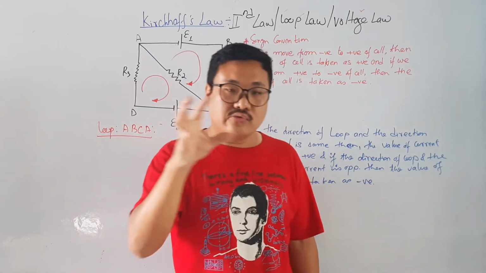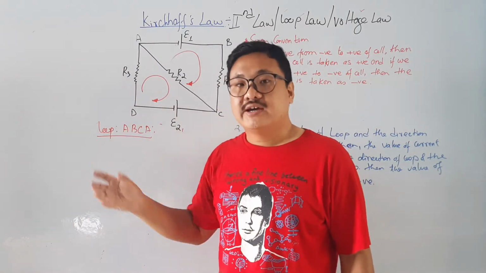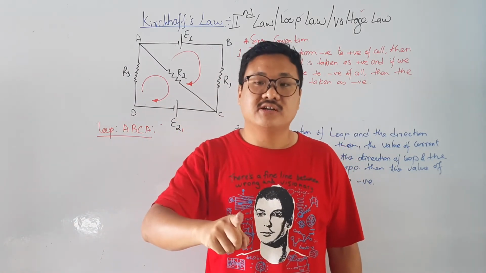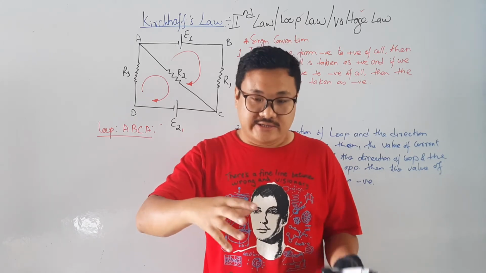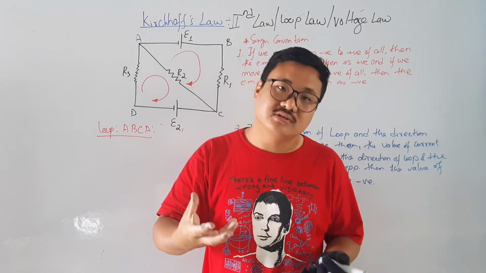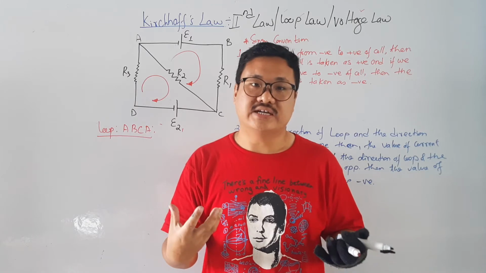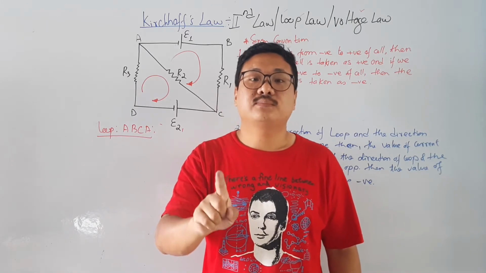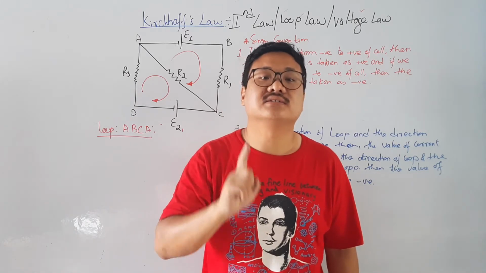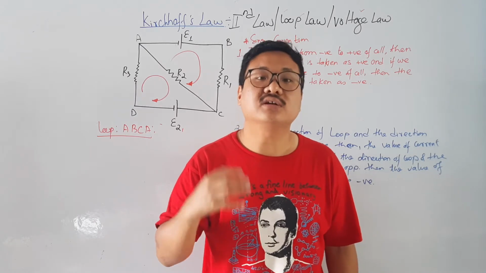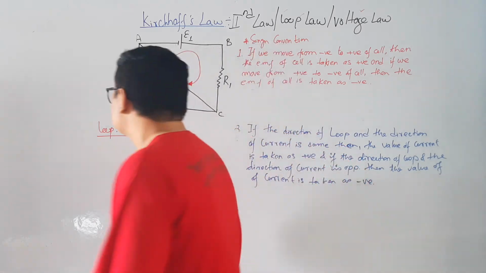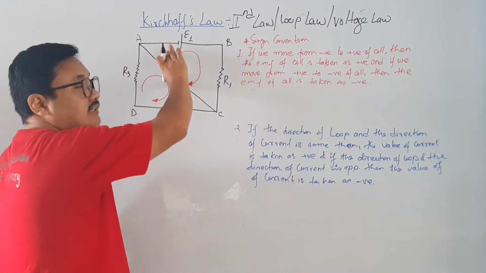Now, before going to the sum, there is one very important point where students get confused and fail to understand. First of all, we have to assign the direction of current by our choice. Let us give the direction of current here.